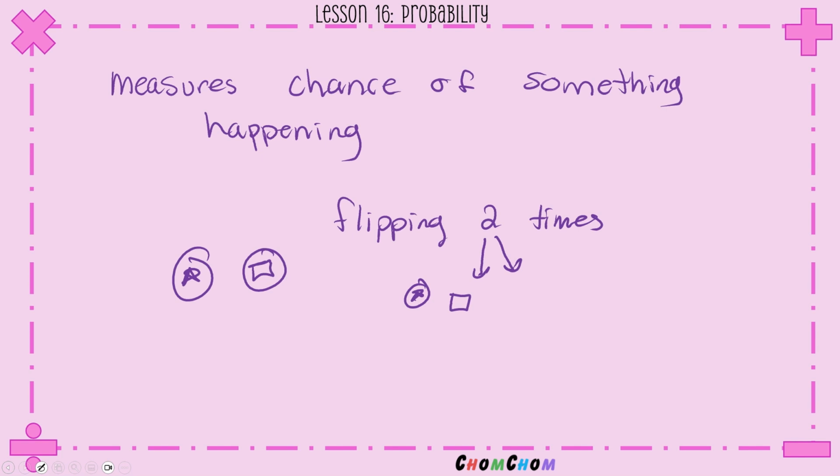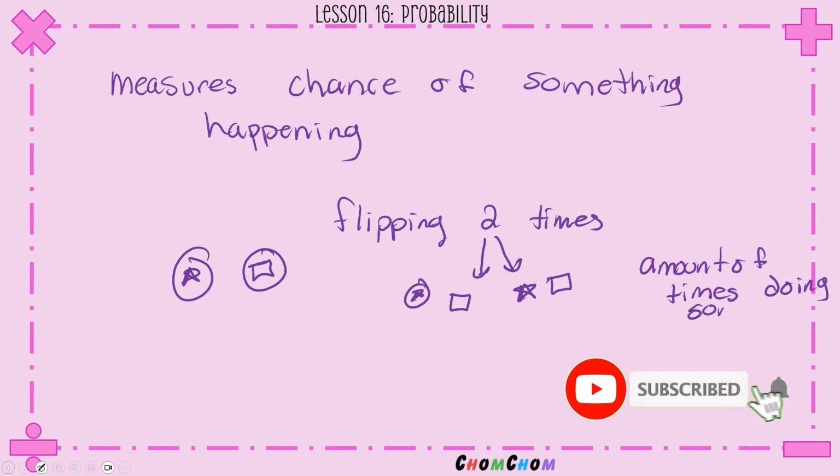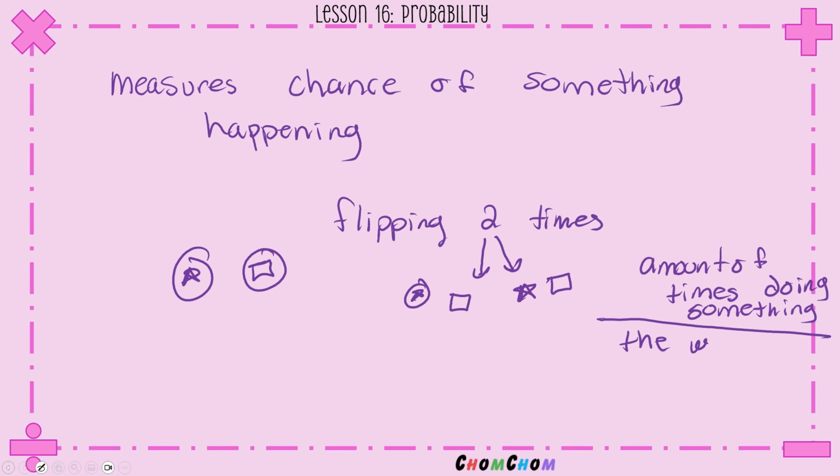I'm just going to denote them star or square without the coin. The top is the amount of times I'm doing something, out of the ways it can go.